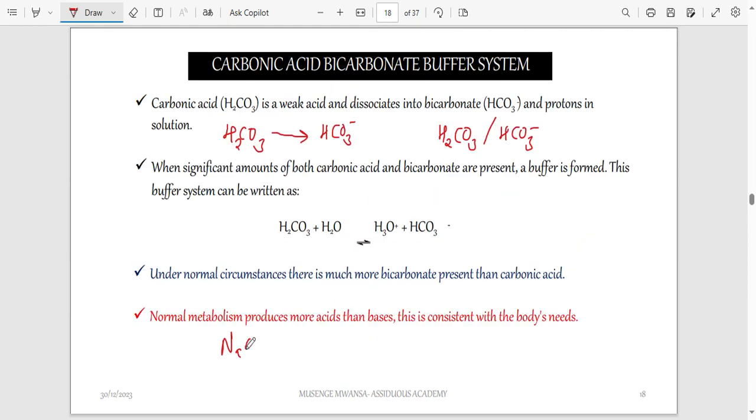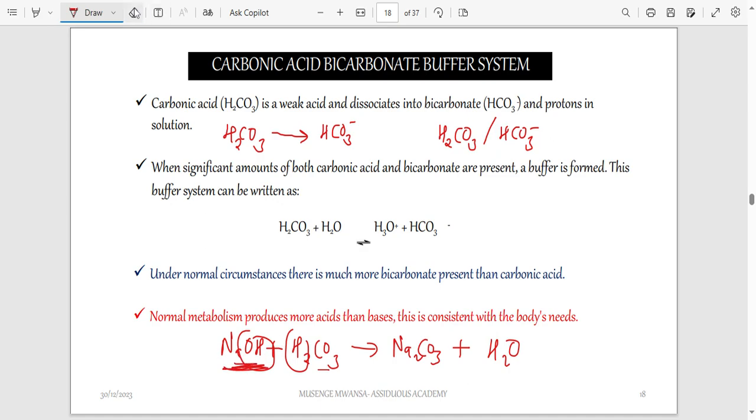We are saying that the acid component of the buffer is the one that will react. That is the H2CO3. And what is going to happen in this case is that the sodium will react with the bicarbonate to form sodium bicarbonate. And then the hydroxide will react with the hydrogen to form water. So in this case, we have neutralized the base that came.